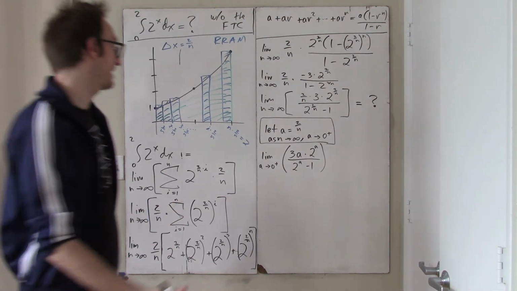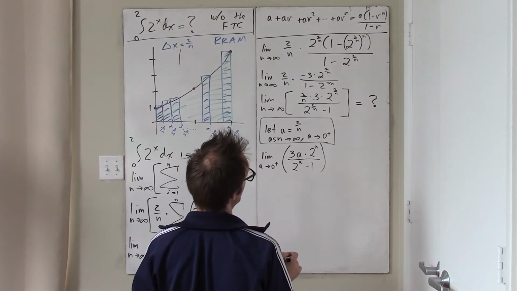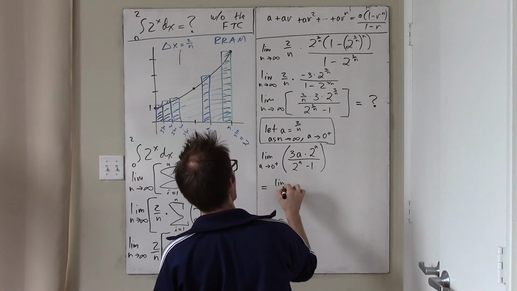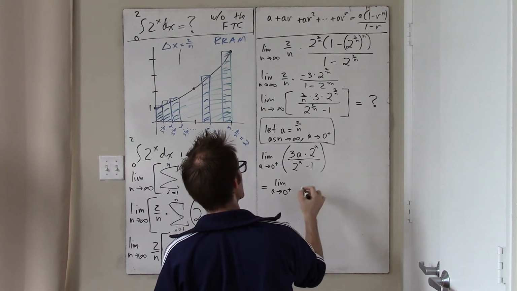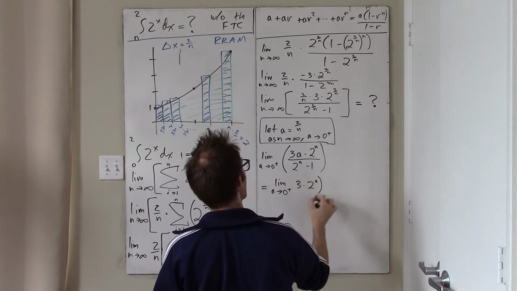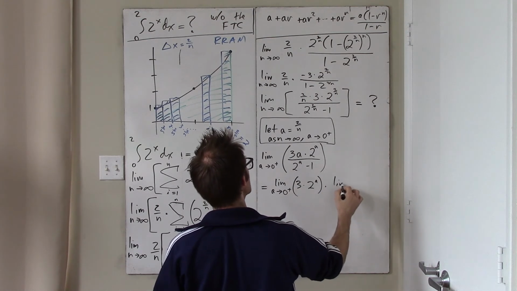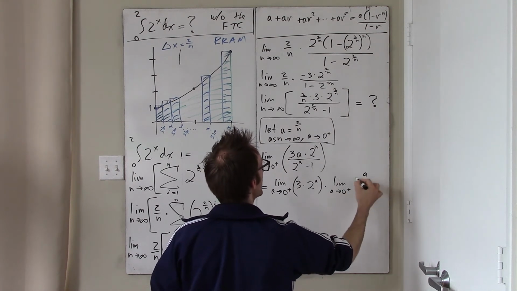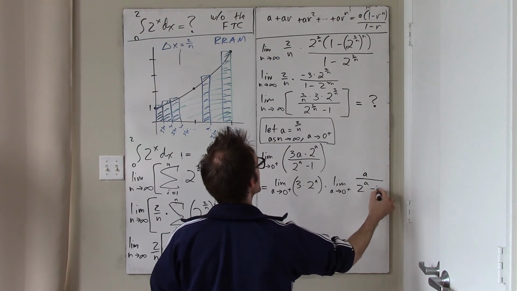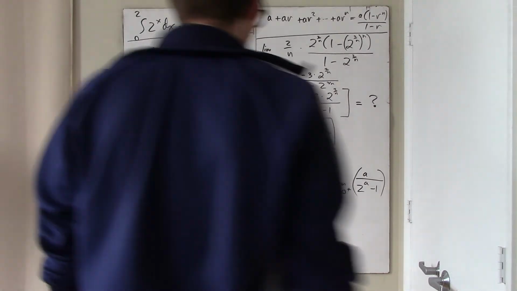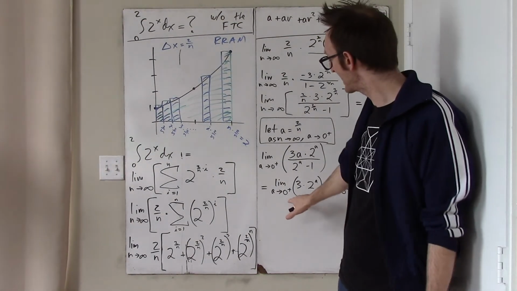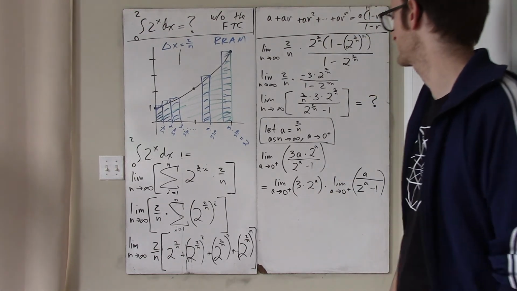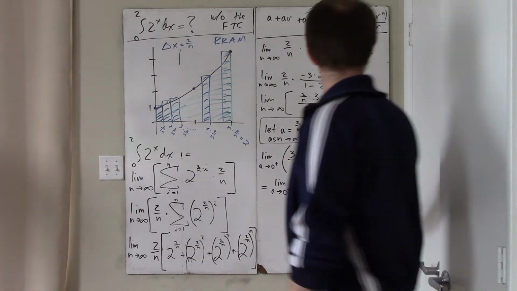I'm going to split this into the limit as a goes to 0 plus of 3 times 2 to the a, and the limit as a goes to 0 plus of a over 2 to the a minus 1. Of course, as a goes to 0, 2 to the a goes to 1. So the limit on the left is going to turn out to be 3. And what is the limit on the right?